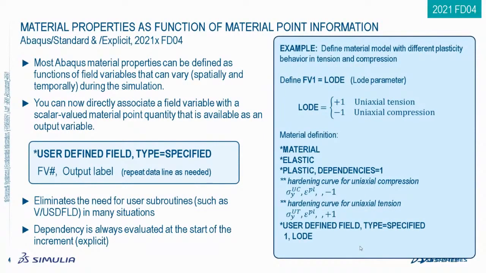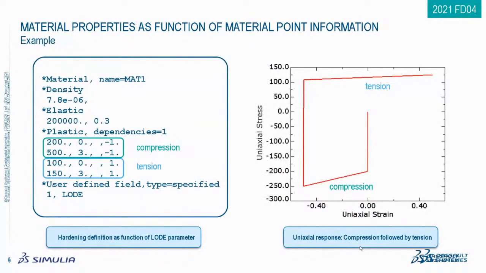An example is shown on the left. It describes the ability to make a plasticity definition have different behavior in tension and compression. You can see a keyword template here. I'll jump right to the next slide, which shows what the keyword interface for something like this would look like. Very simple. We're making the plasticity definition dependent on the LODI, which is plus or minus 1, depending on whether the material is in tension or compression.